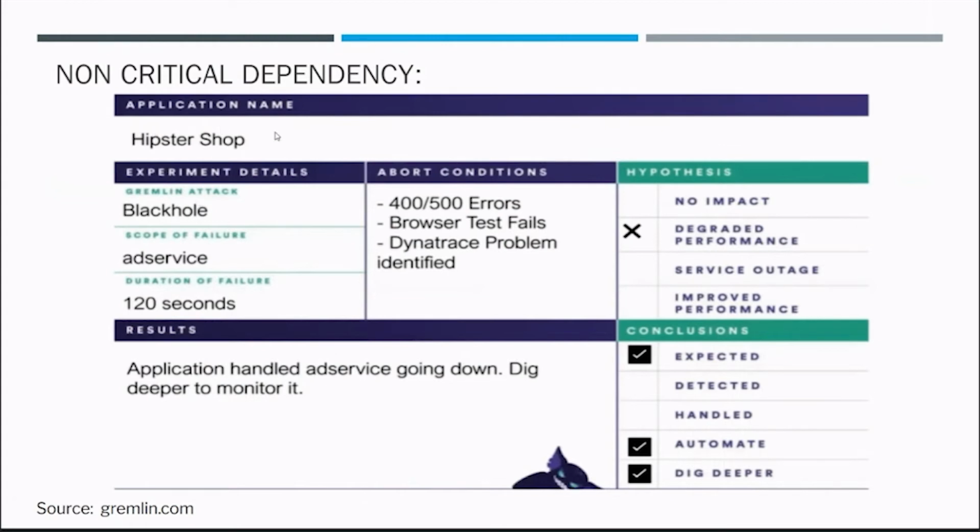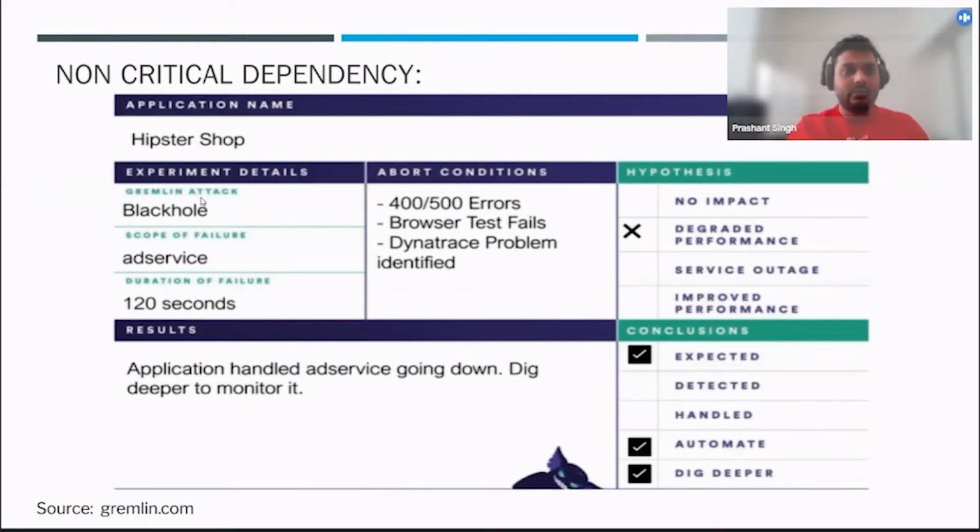The application name was Hipster Shop, and we used a Gremlin attack called Black Hole, and the scope of the failure was the ad service. The duration of the failure was 120 seconds. They dropped all IP tables of this ad service.